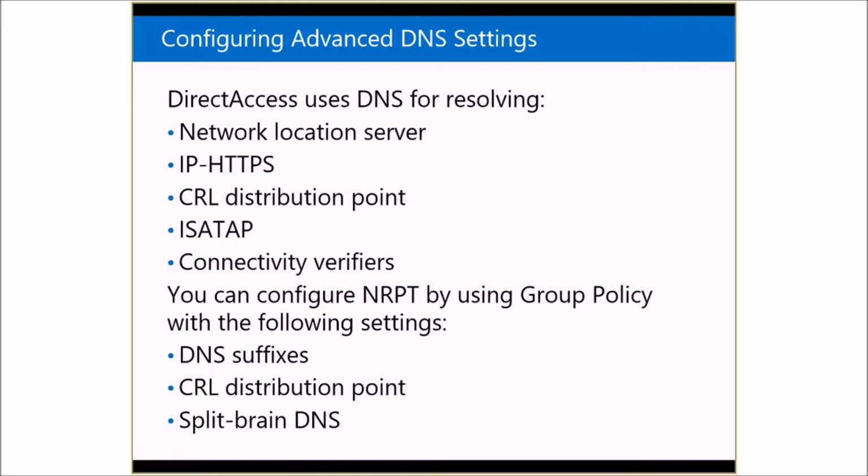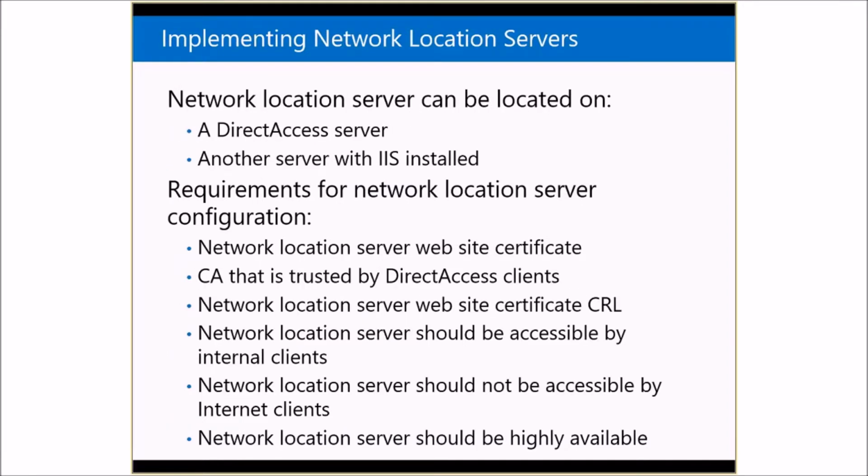If you remember, we talked about split brain DNS in the very first lesson, didn't we? That's when you have a DNS for internal and a DNS for external. So when you have that situation, it's split brain. That's what it's talking about.